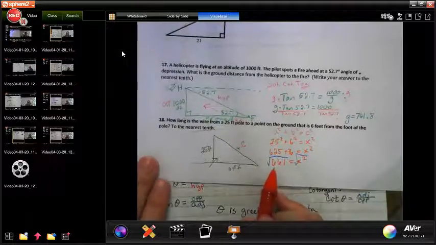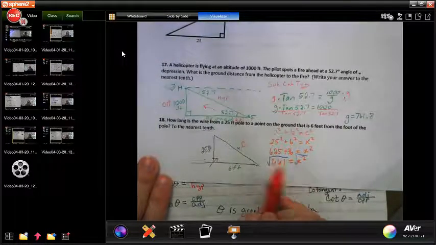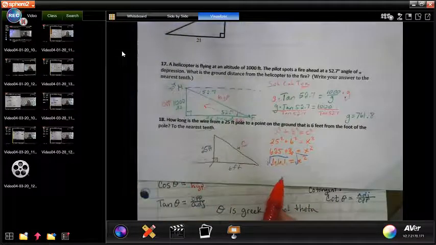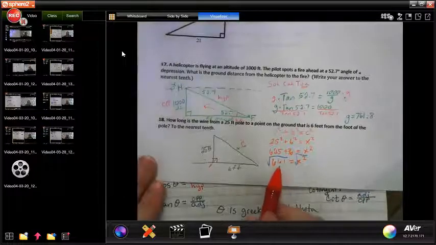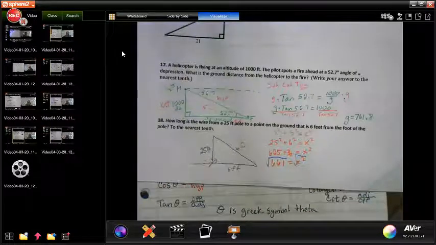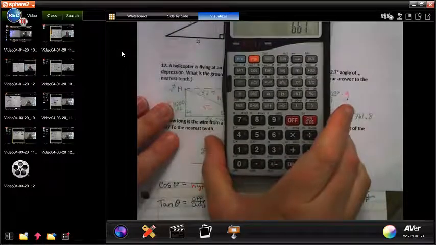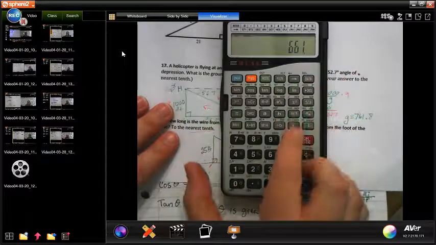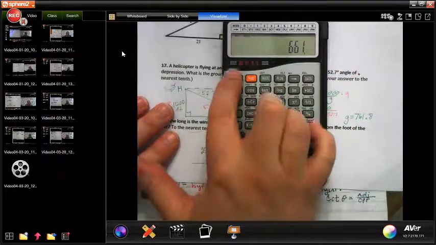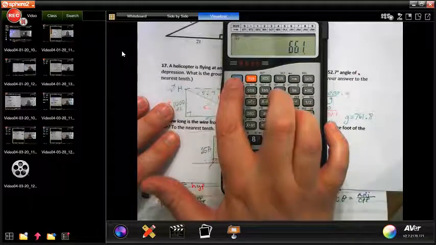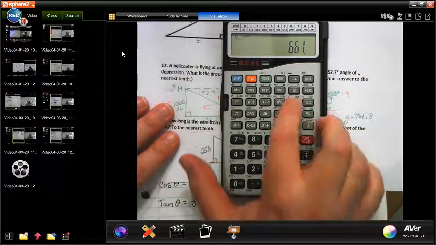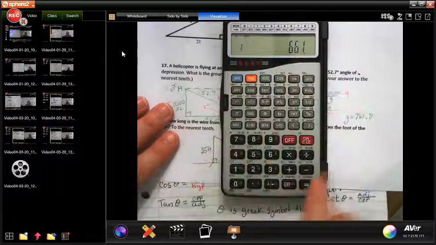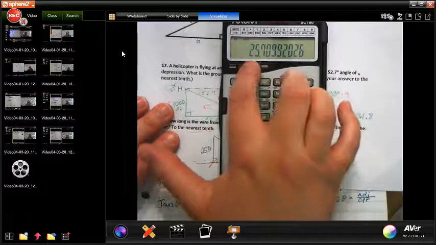Okay, so square root both sides, and since it says to the nearest tenth, I don't have to find what breaks out. I just have to put that in here. So 661, and then I square root it. I have my 661 on here. For me, square rooting is the inverse in I and V. I have to press this like second, and then this. And so I have my square root, 661, and so it's 25.7.